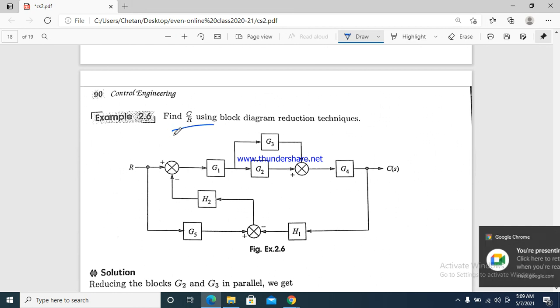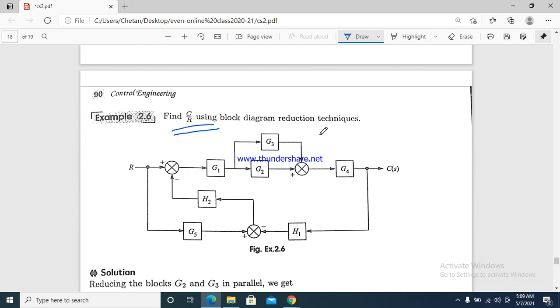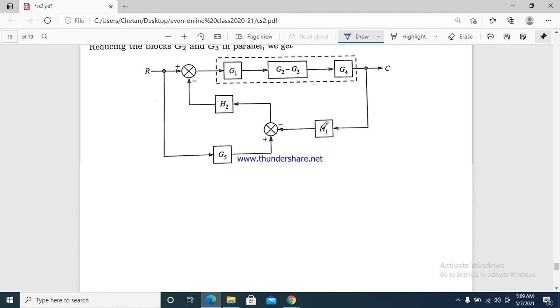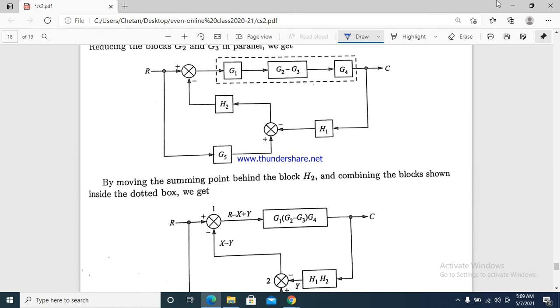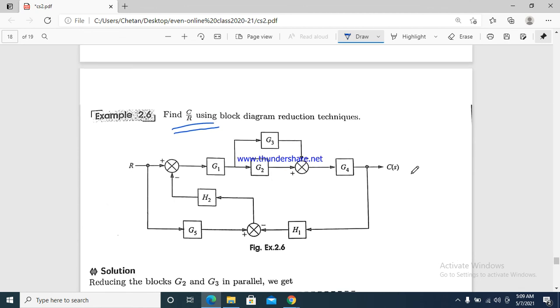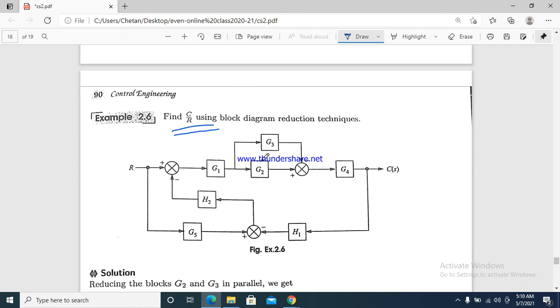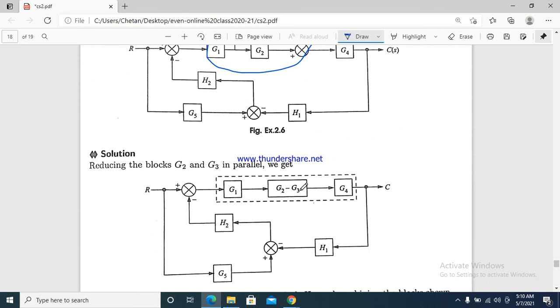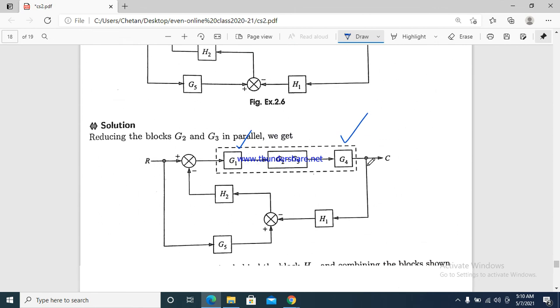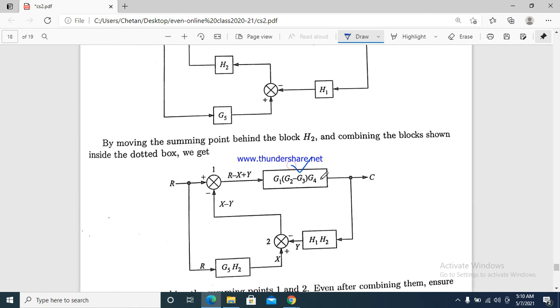Find C by R using block diagram reduction. First, what I do, I will add these two elements, G2 and G3. G2 minus G3 we will get. Multiply the term with G1, we will get this. Multiply this one with G1 as well as G4, we will get G1, G4 like this.